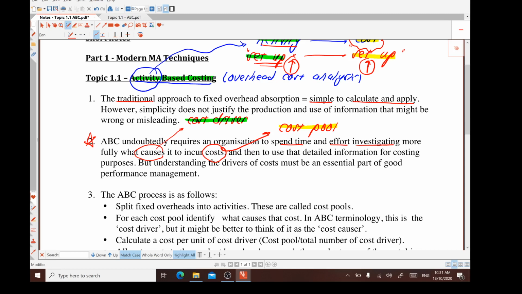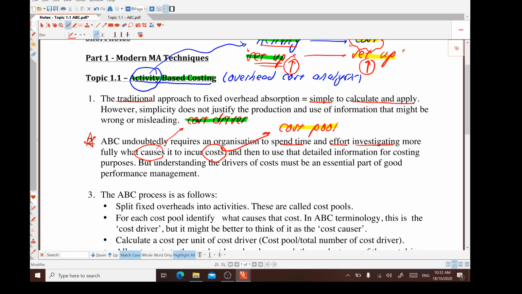Why? Because by understanding the causes, you may control the cost. Controlling the cost means if you find any unnecessary cost, we can cut the cost anytime, to make the price more competitive. Because it affects the pricing.